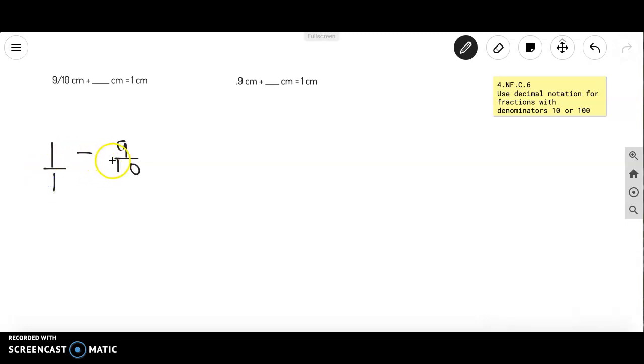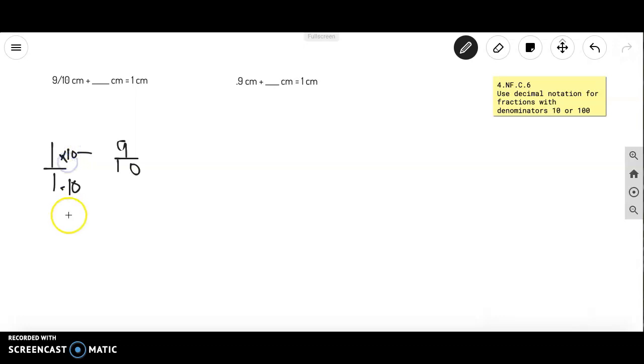And we know with our rules with subtraction and addition of fractions, we can't add or subtract unlike denominators, so I have to change 1 over 1 into tenths. The best way to do that is to multiply the denominator by 10 and the numerator by 10 to convert this into tenths.